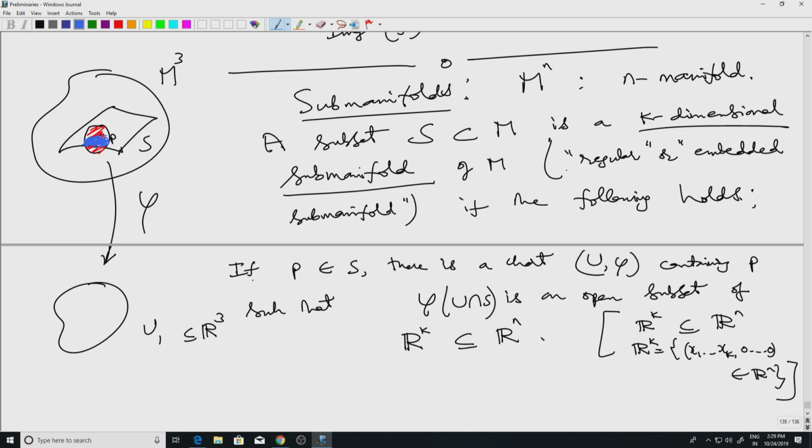This blue part is U intersection S. The entire red thing will go to some U1 in R3, and the blue part we demand that it goes inside R2 sitting inside R3. In other words, the z coordinate should be 0. So it will be in the XY plane.